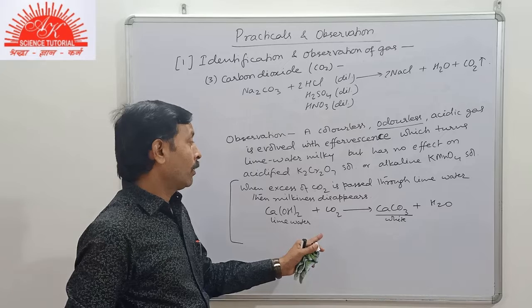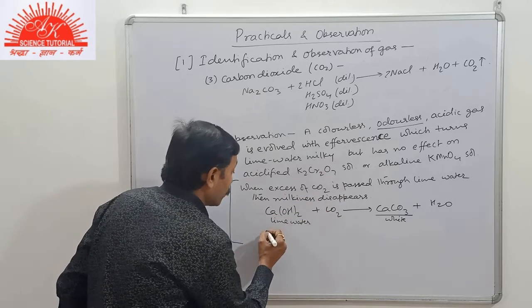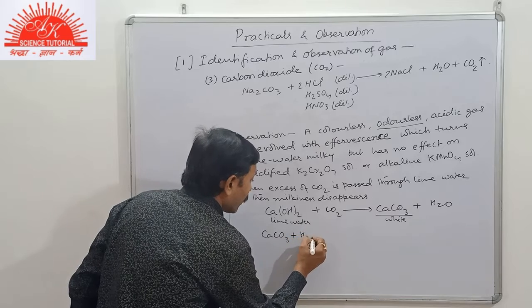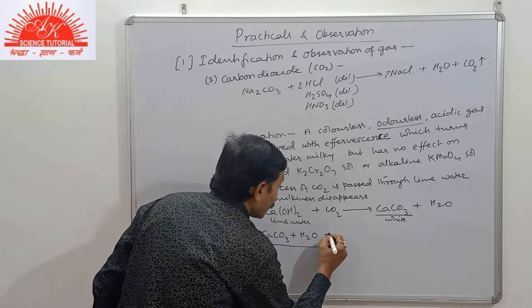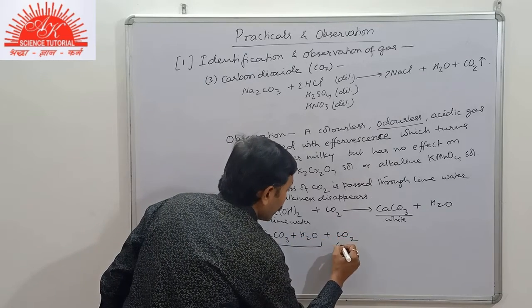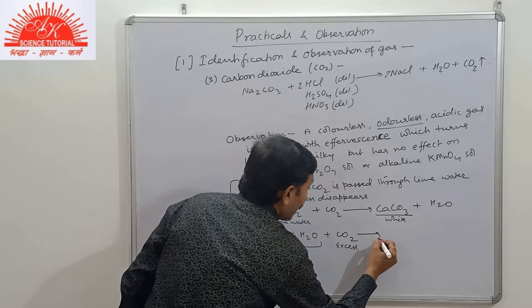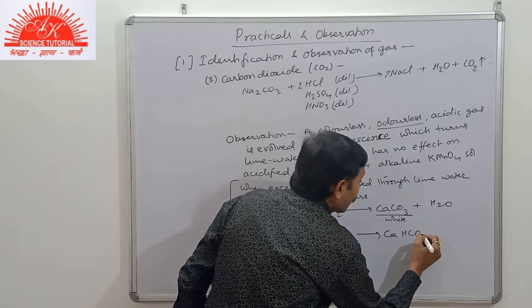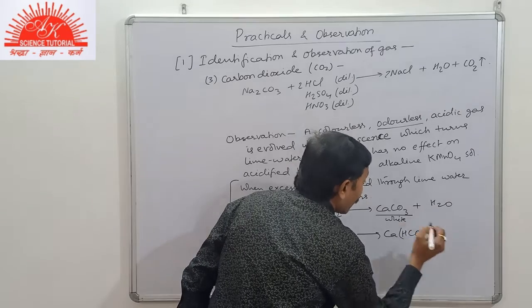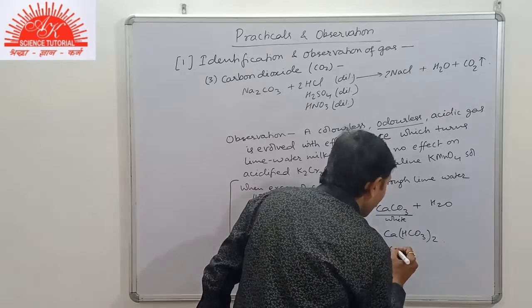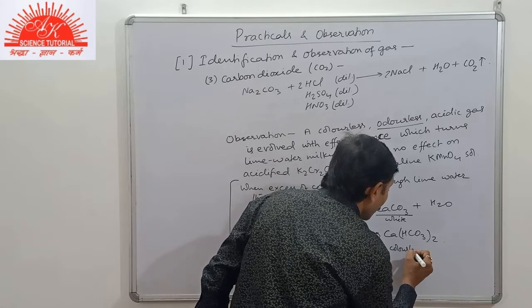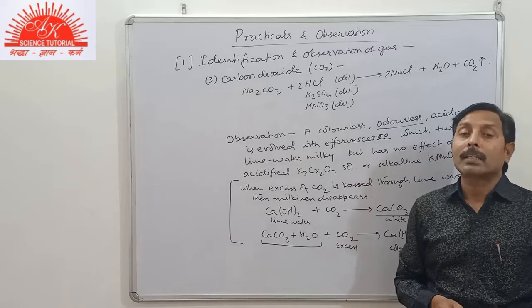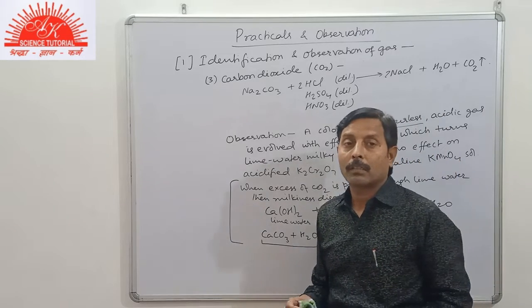But when excess CO2 is passed, more CO2 is added to it, then it forms calcium bicarbonate and it becomes a colorless solution, hence the milkiness disappears.